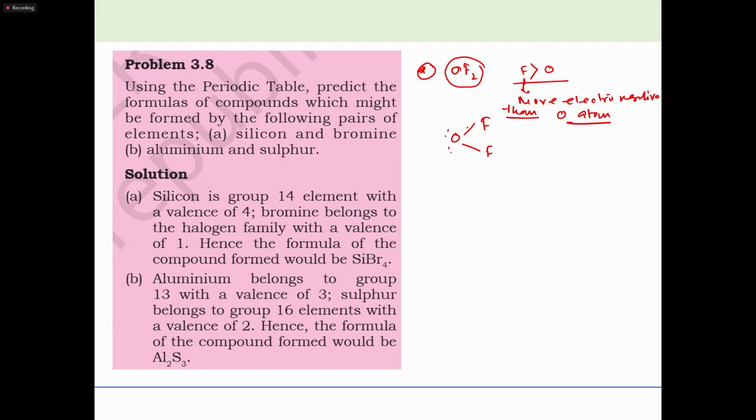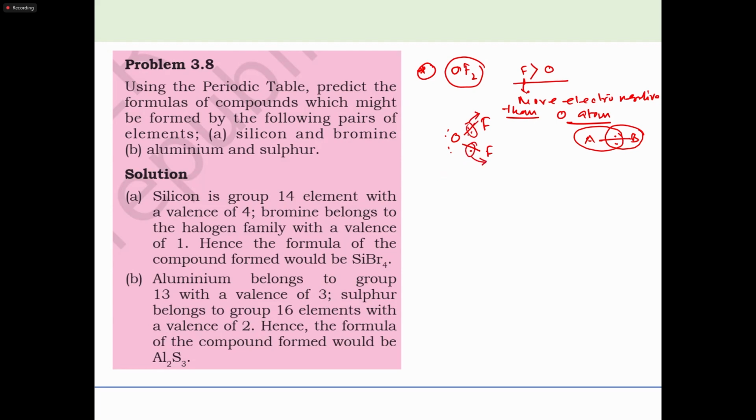So what will happen? These are the bonding electrons here. Suppose this is a covalent bond. We know that in a covalent bond the bonding electrons are equally shared by both atoms. But here, due to the higher electronegativity of fluorine compared to oxygen, these bonding electrons move towards the fluorines.